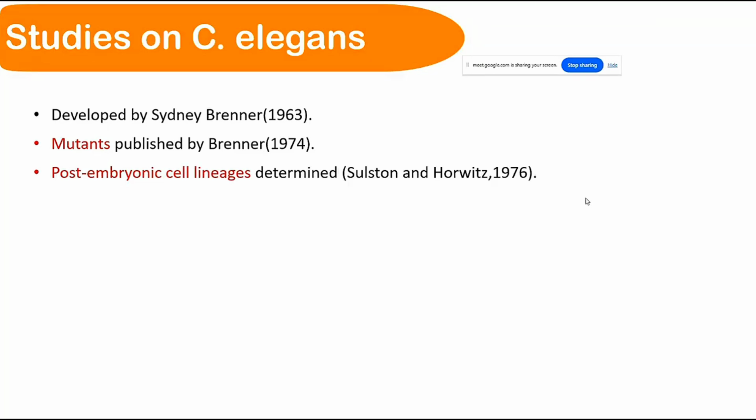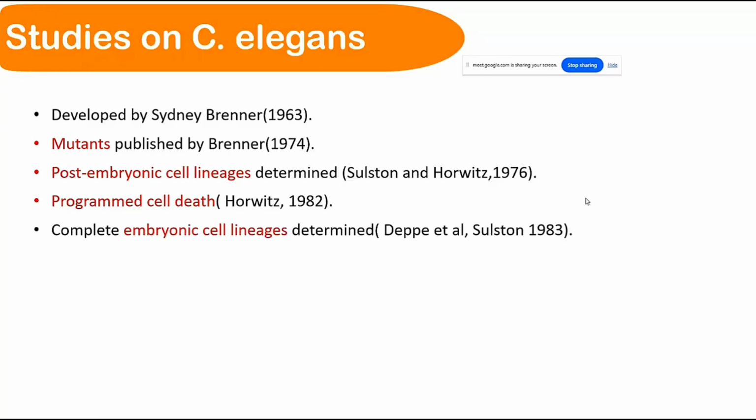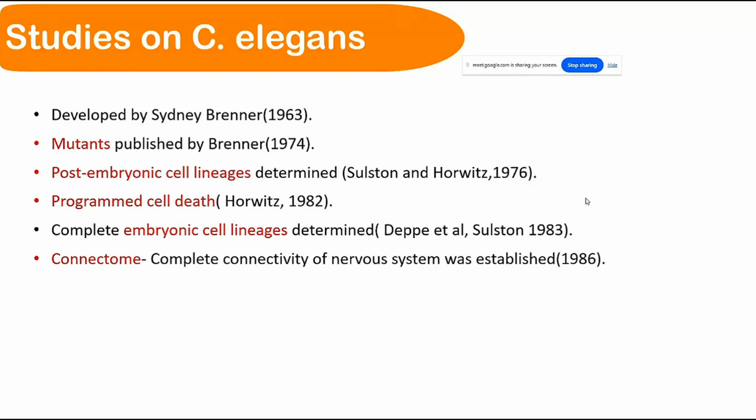And Sulston and Horvitz in 1976 determined some of the post-embryonic cell lineages as well, which became one of the aspects of research for many. Horvitz in 1982 studied programmed cell death, that is apoptosis, in C. elegans. Then complete embryonic cell lineages were also determined by 1983 by Deppe and his co-workers.